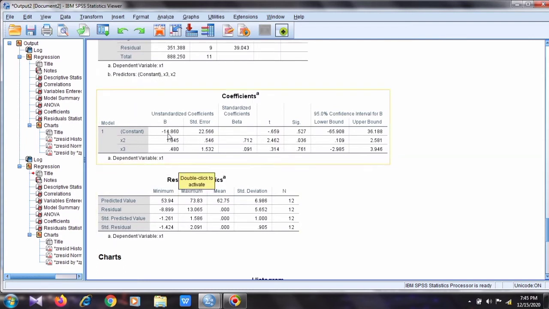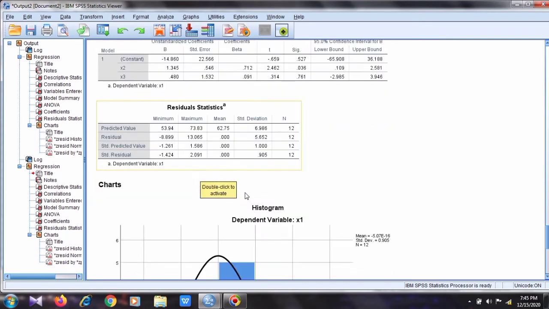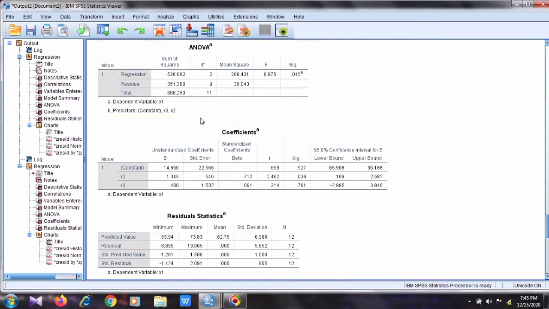So here our regression equation is y is equal to a plus b x2 plus c x3. A will be this one, b will be this one, and c will be this one. So what does this mean? It means that for, let's take x2, for a unit change in x2 there will be 1.345 mean increase in x1.